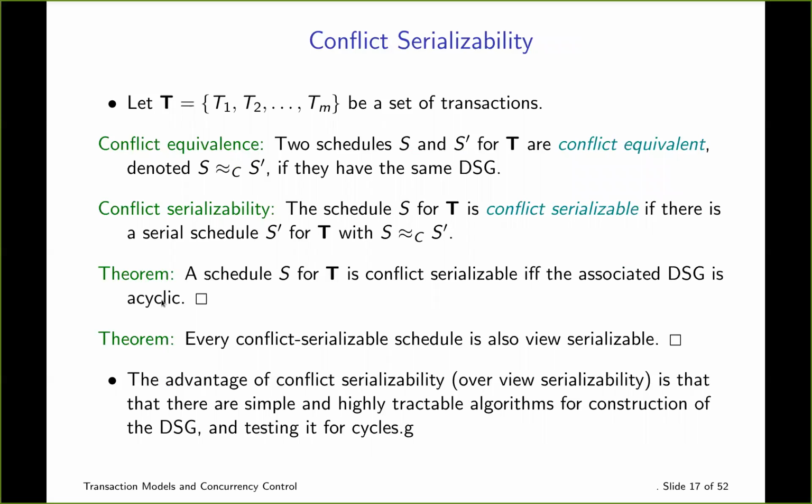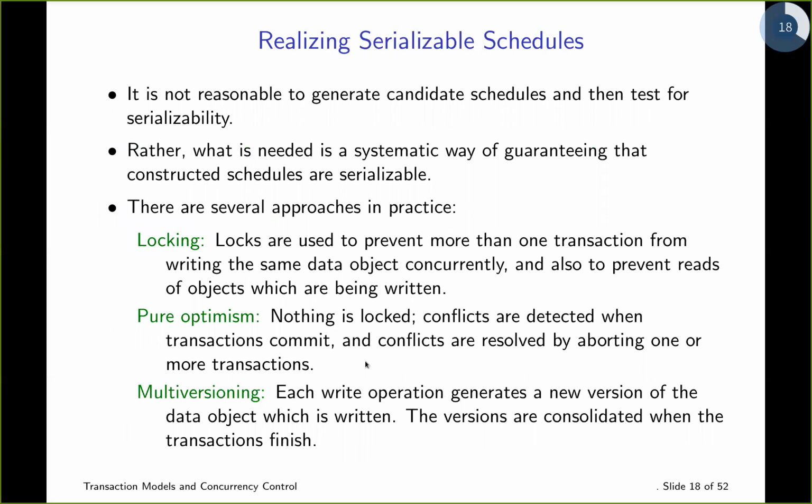All right, so we're guaranteed that. And every conflict serializable schedule is also view serializable, but not the inverse. So we're missing a little bit here, but as a practical matter, it doesn't matter that much. Okay, so the advantage of conflict serializability over view serializability is that it is simple, with highly tractable algorithms to construct the DSG and test for cycles in it.